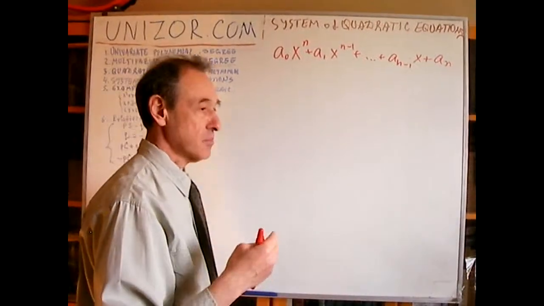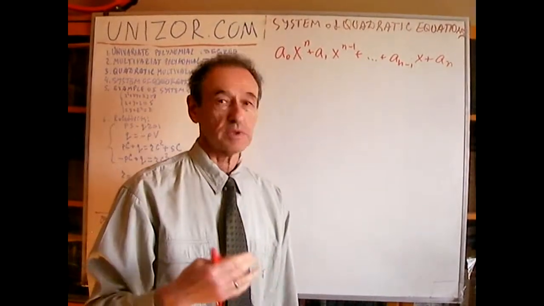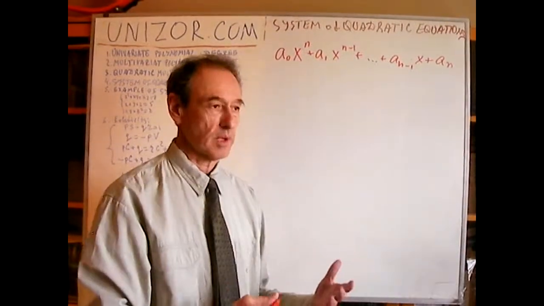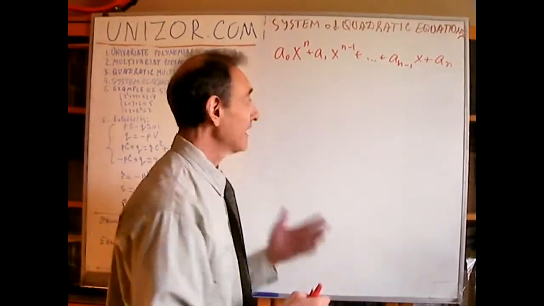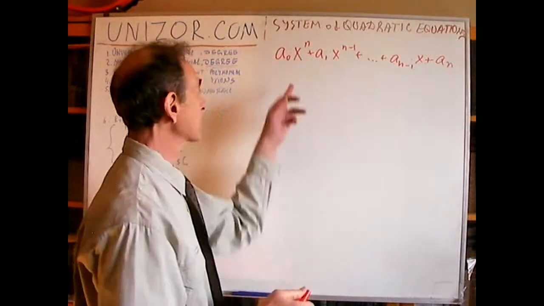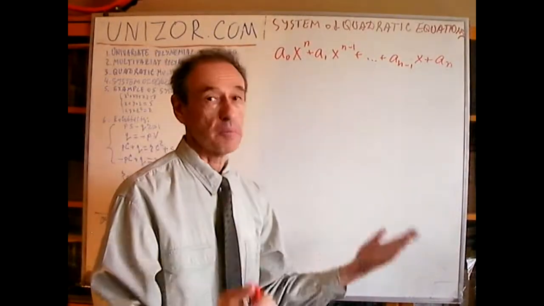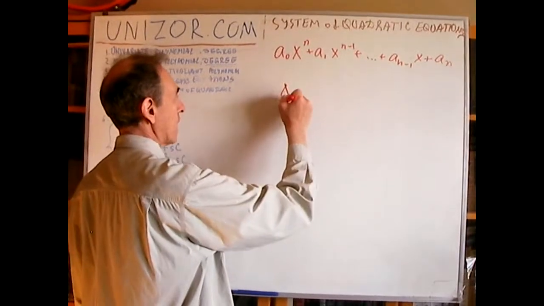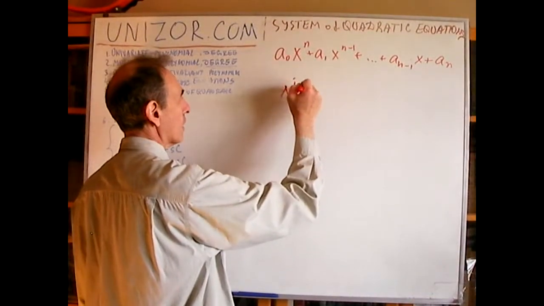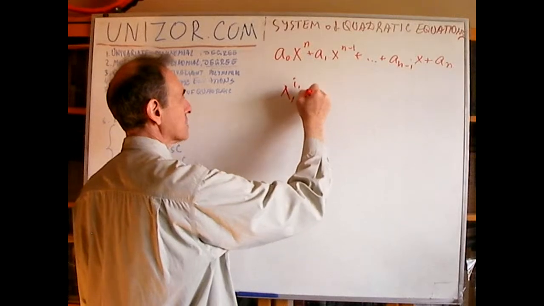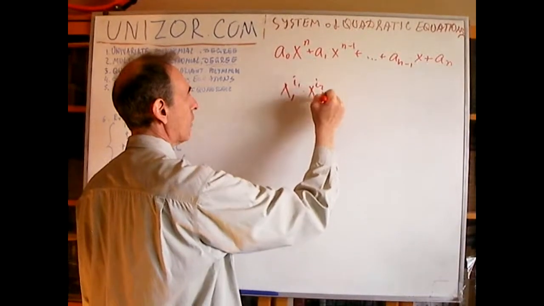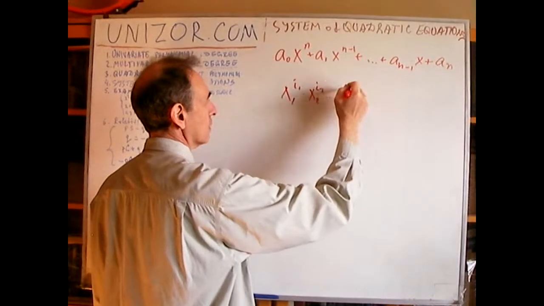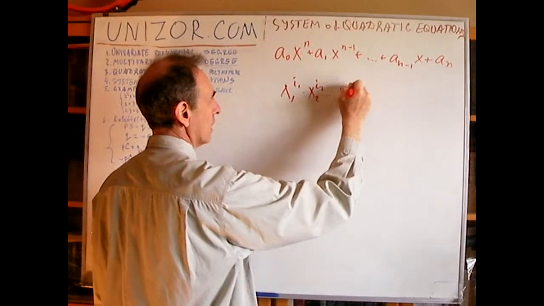Well, it's multivariate. It means there are multiple variables which are supposed to participate in this polynomial. In some way it's similar, but instead of one variable x, we have multiple variables. So, let's say you have x1 to some power i1 times x2 to some power i2, etc., xn to power in.